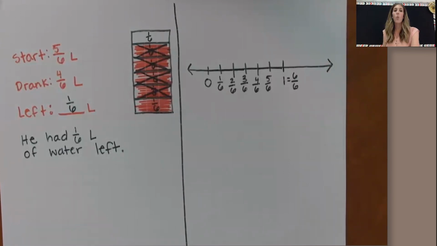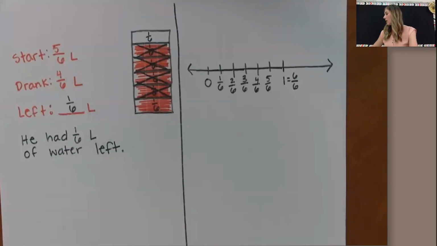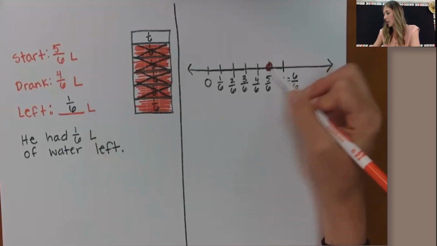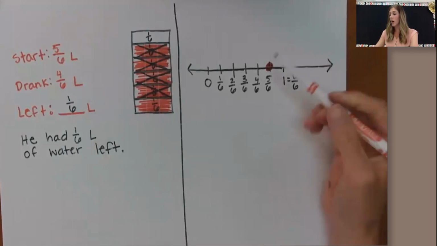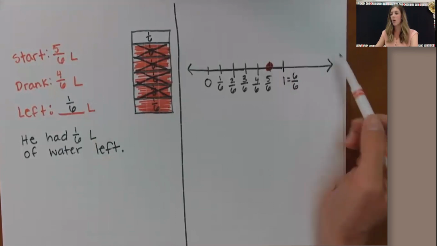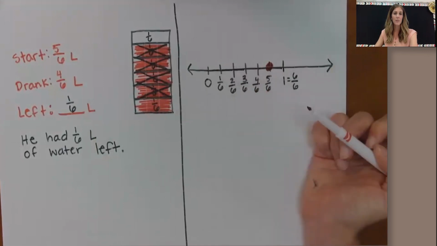Okay, so how much water was in his bottle to start with? Correct, that 5/6 liter. So we're going to find that point on our number line. This was his starting point. Then he drank some of the water. So we're going to go up on our number line. Is he going to have more water in his bottle, or are we going to go down? Is he going to have less?